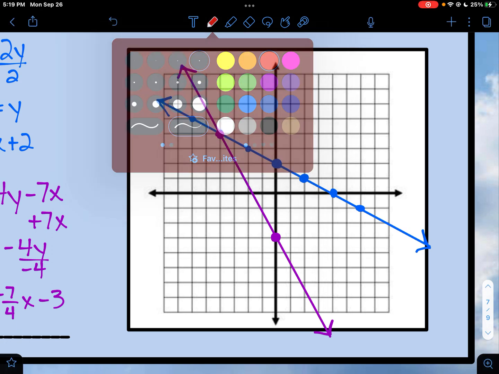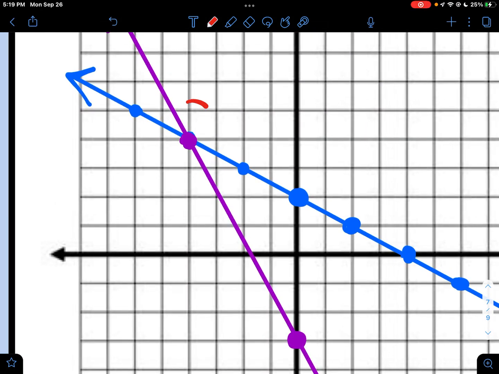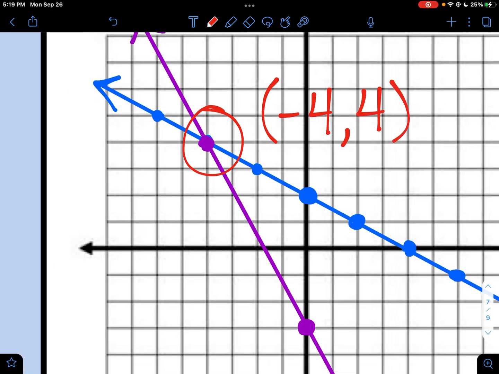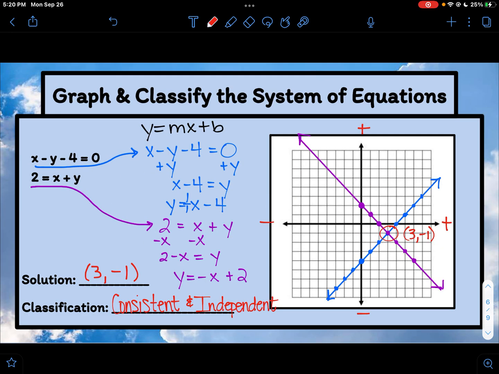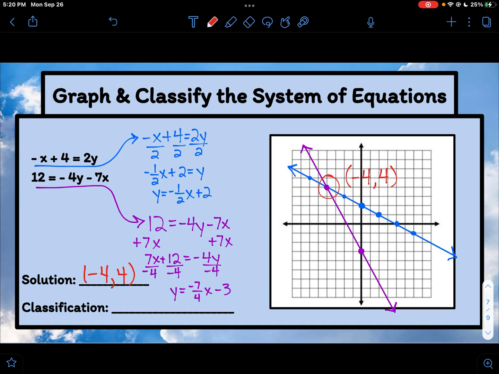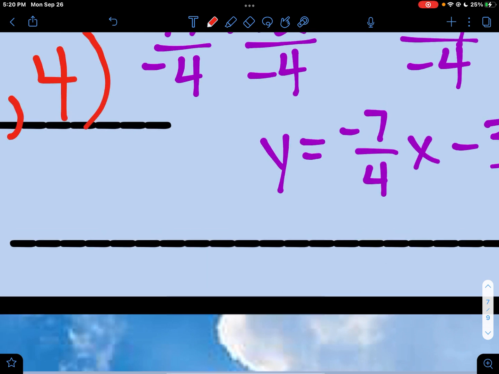And there's my answer at negative 4, 4. So that goes here. And this one has one solution just like our last one, so that's going to be consistent and independent.